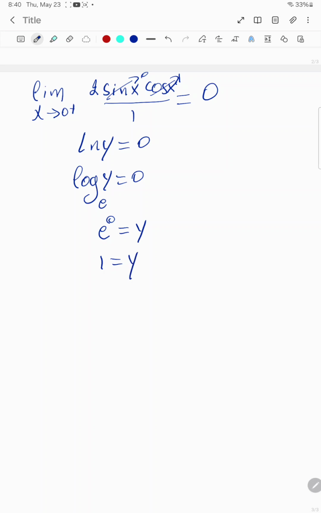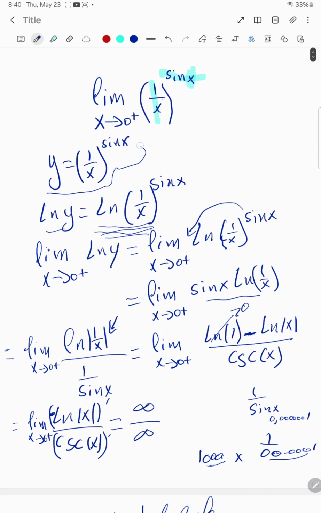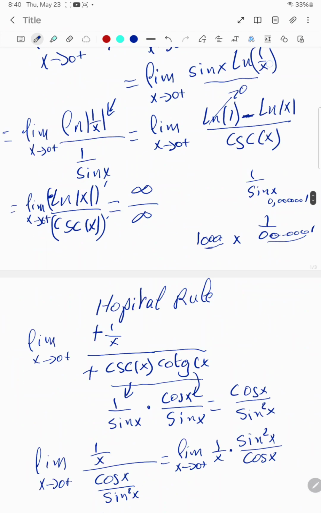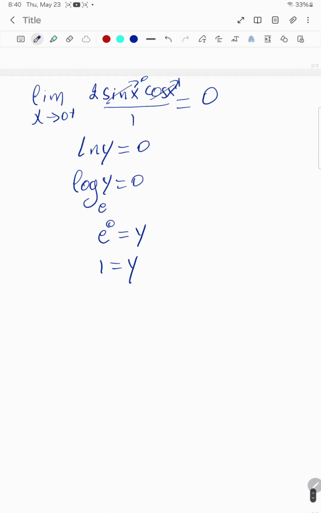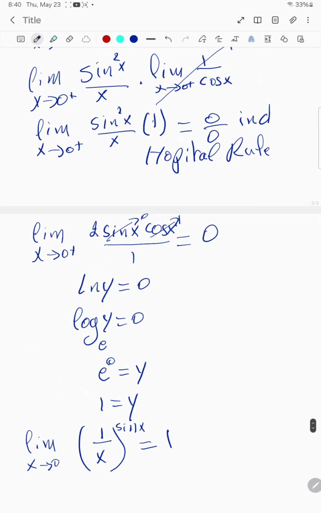Then I will replace y by its value that I took at the beginning of the video, which is y equal to this. So now I have that the limit when x goes to 0 of 1 over x to the power of sine x is equal to 1, and that's the end of my video.